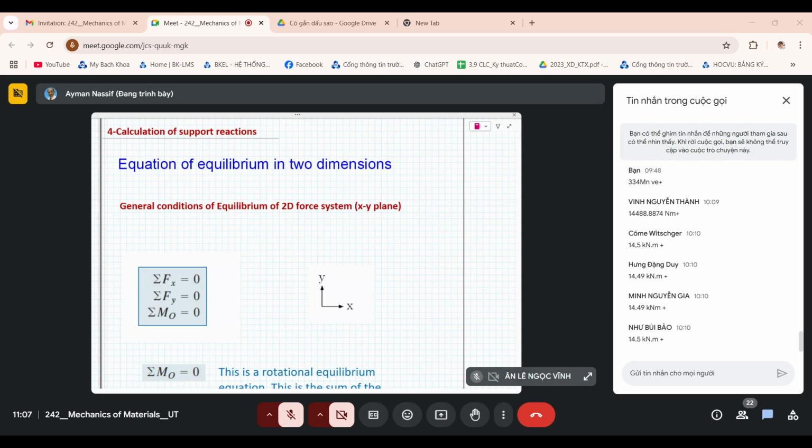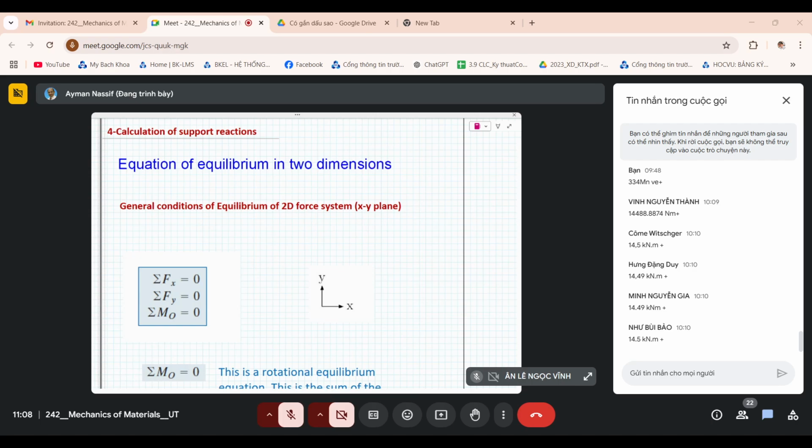Because in many of the problems we are going to solve in the examination and when you work as an engineer, it's about really calculating reactions, calculating internal forces, calculating stresses, and so on. And calculating reactions is the first step in the solution. So if you are not confident in calculating reactions, most of the solution might be inaccurate, might not be correct.